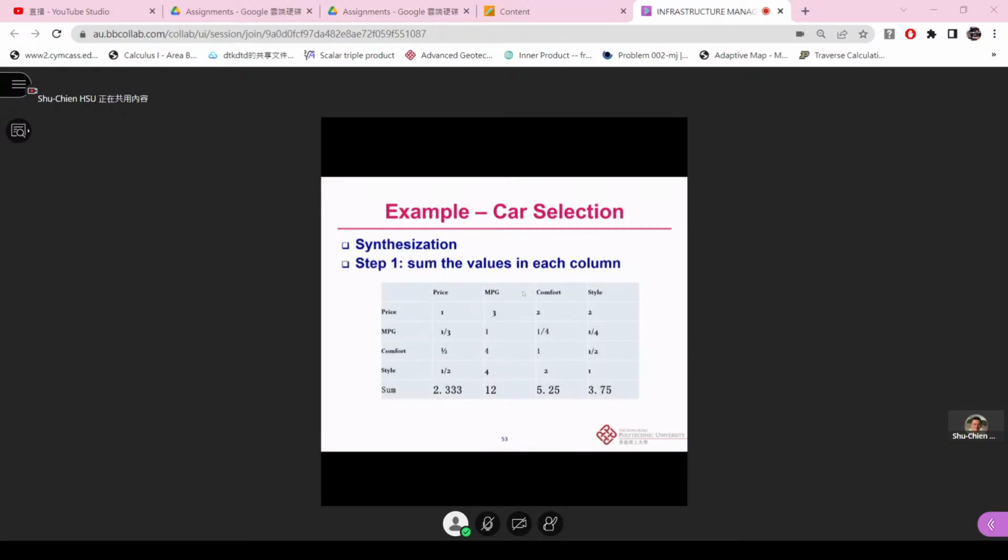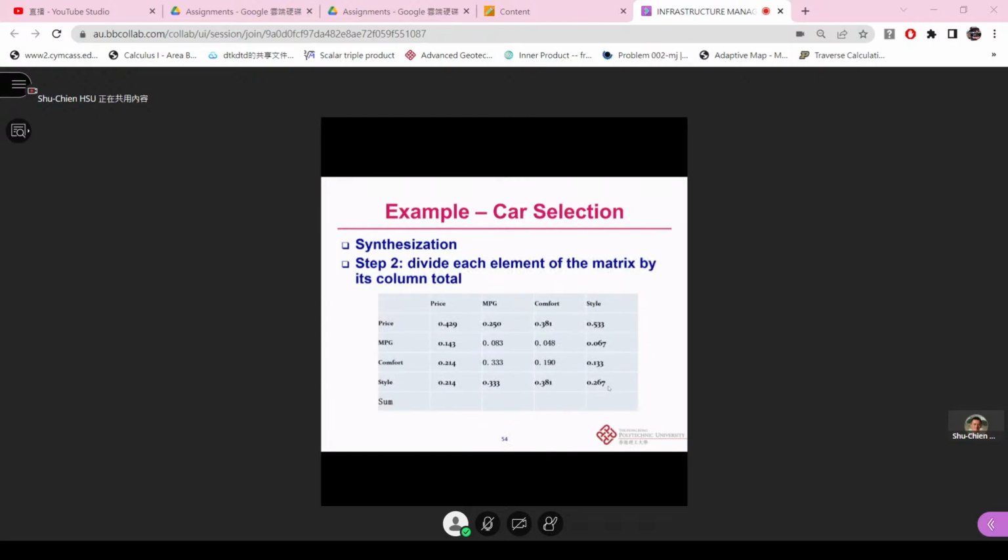And then we can do further synthesization. For step 1, we sum the value in each column, so that we get the sum for the price is 2.53, the sum of the MPG is 12, comfort is 5.25, and the style is 3.75.